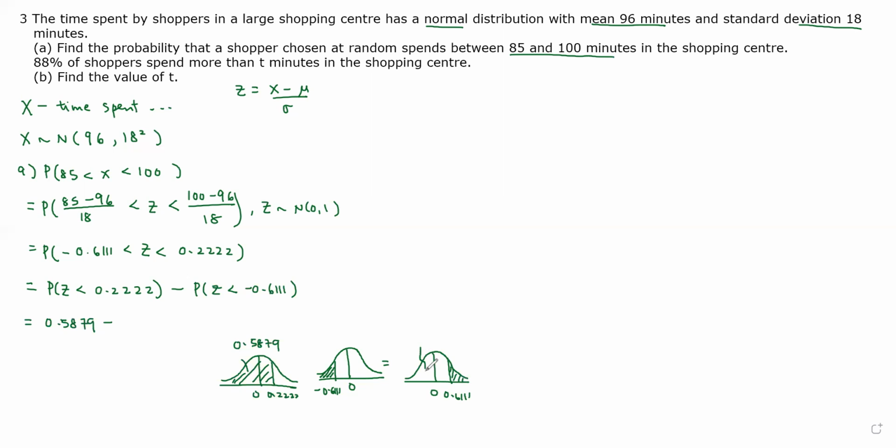We can get this area from the standard normal table, which is 0.7294. Then the area that we want is 1 minus 0.7294. So this probability that Z is less than negative 0.6111 is 1 minus 0.7294, and we have 0.2706.